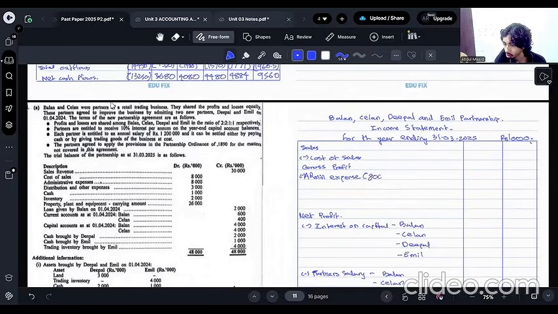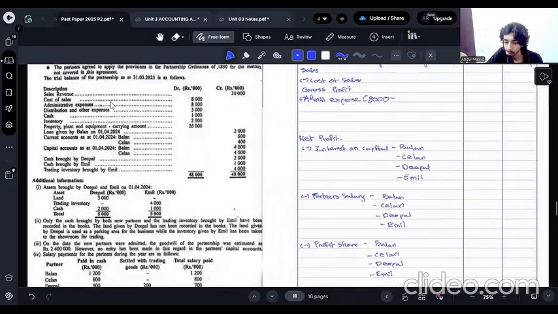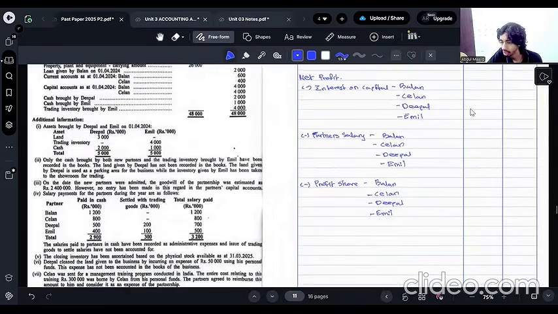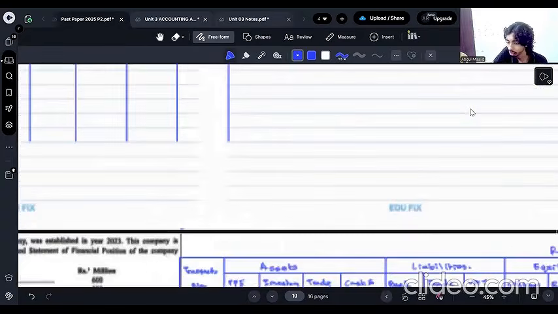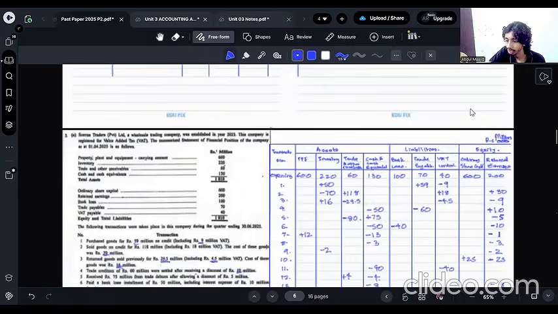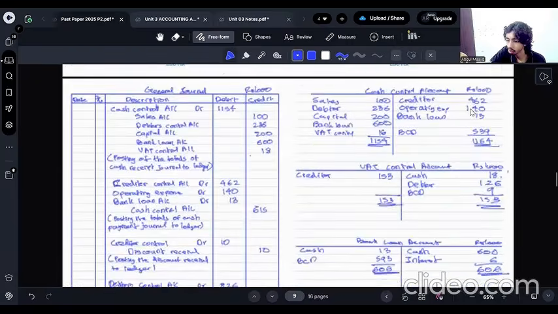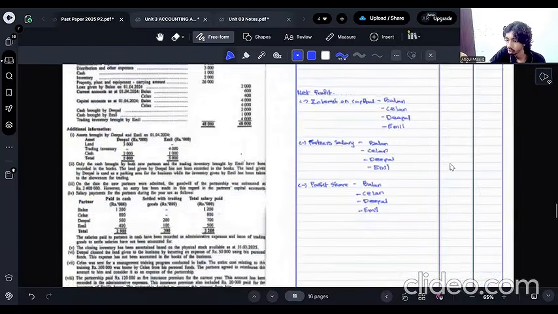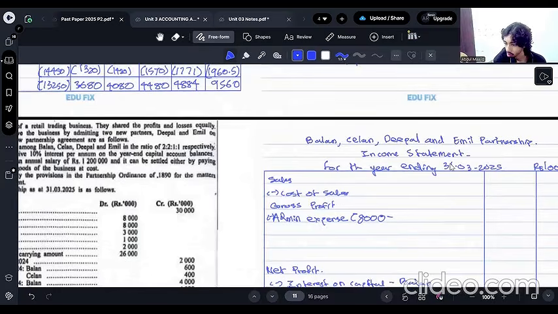And from that 8,000, you have to remove the salary paid in cash, 2,900. They're saying the salary paid in cash is recorded as an admin expense. So you have to deduct 2,900 from that. Then that will be 8,000 minus 2,900, 2,100.